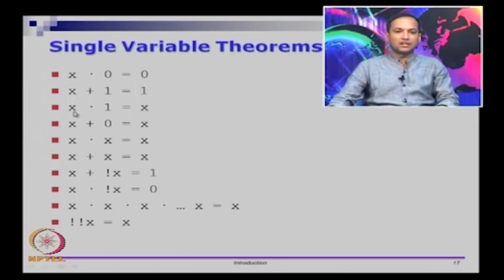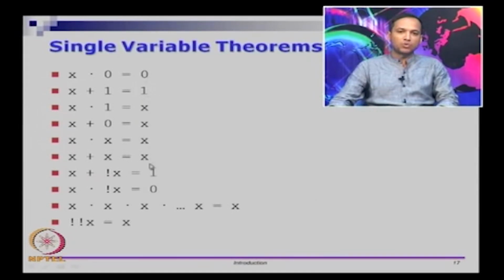Then x and 1, so if I do not know what x takes, x and 1 is still x. So what it means is if I have an AND operation, whatever value this input takes is the value that the output will also take. Similarly, x or 0 is x, x ANDed with x is x itself, x ORed with x is also x itself, and so on.